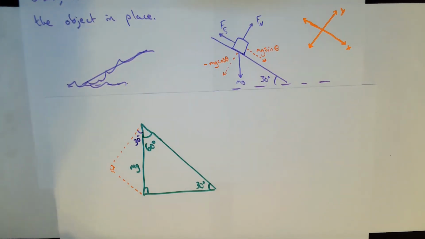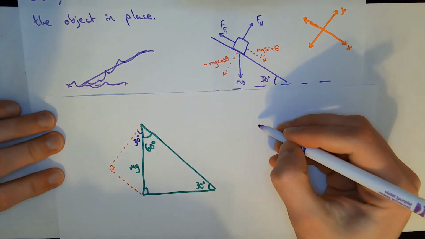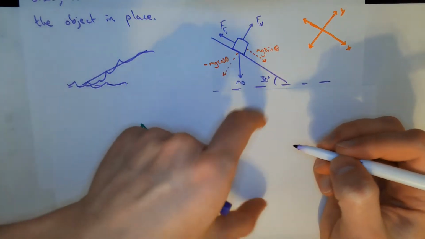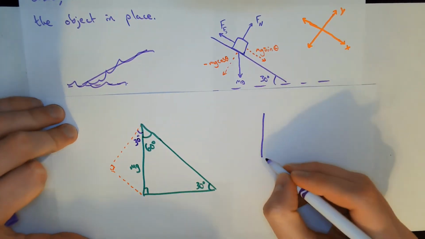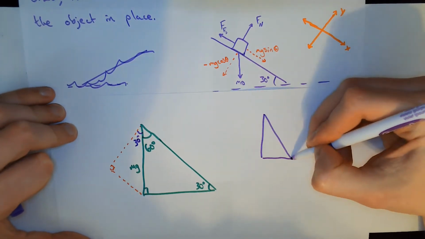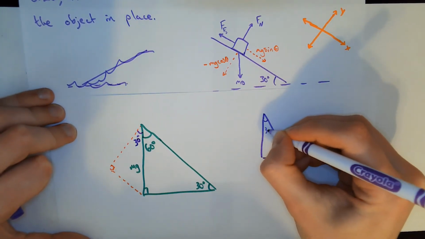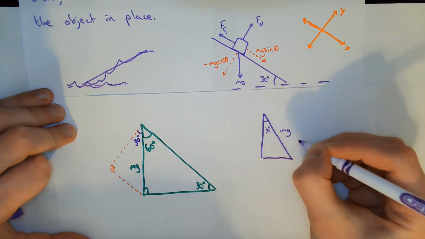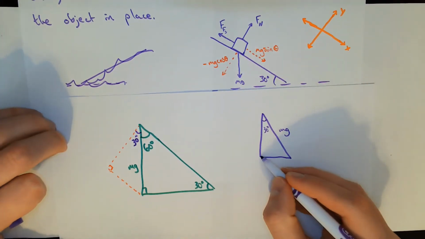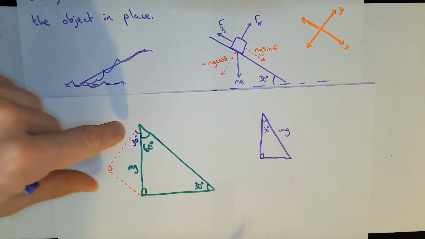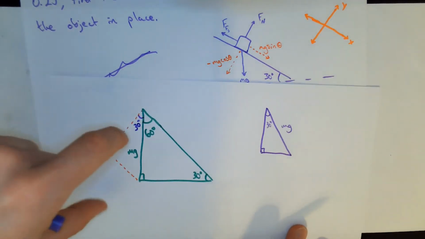So when I do my trig here, here's my triangle. Let me pull this triangle out and put it over here. My angle is now up here, and this side is mg. And this is the right angle. So this is this red and green triangle, just going right there.